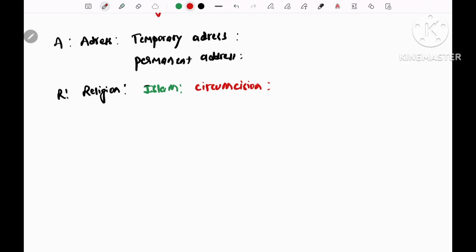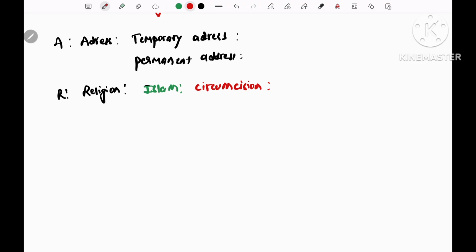During circumcision, what happens? There is removal of the foreskin, due to which the smegma formation or the urine after urination is not collected in the foreskin, because it has already been removed. So the chances of penile diseases and penile cancers are less common in Muslims.